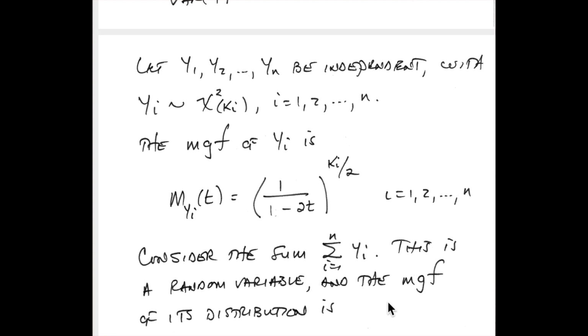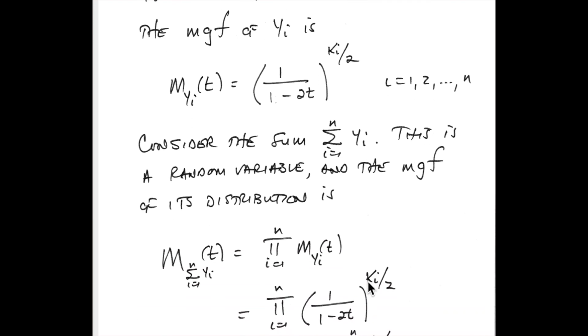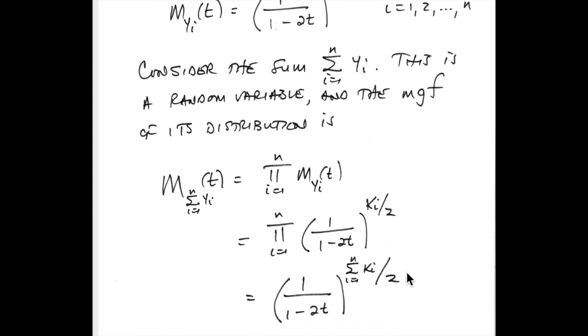So the moment generating function of the sum of the y's, using properties of moment generating functions, can be derived. The moment generating function for the sum of the y's is equal to 1 over 1 minus 2t, all raised to the sum of the k's over 2.